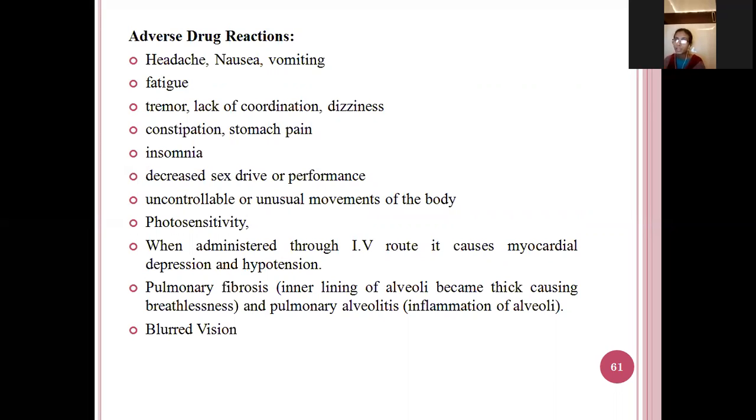When it is administered intravenously, it causes depression, hypotension, pulmonary fibrosis and pulmonary alveolitis, means inflammation of the alveoli. Alveoli are part of the lungs, so inflammation will occur in that part, and blurred vision.